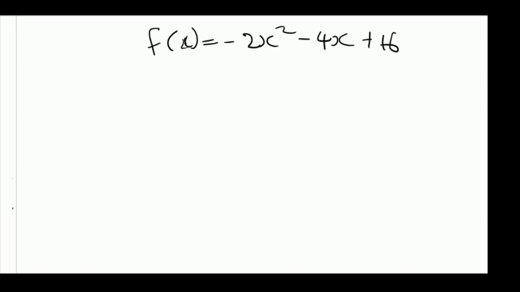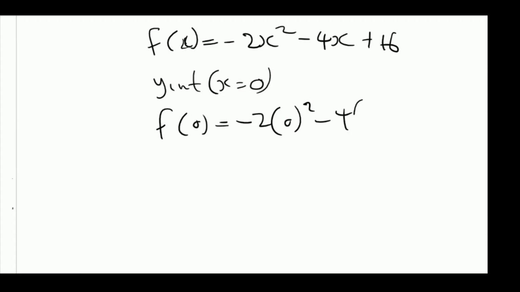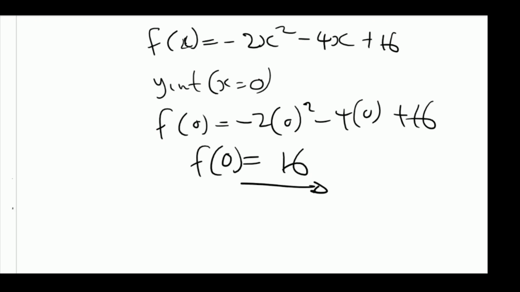So the y-intercept is when x is equal to 0, so you're going to substitute where you see x with 0. So it's minus 2 into 0 squared minus 4 into 0 plus 16. So f of x when x is equal to 0 is 16. So this is your y-intercept.